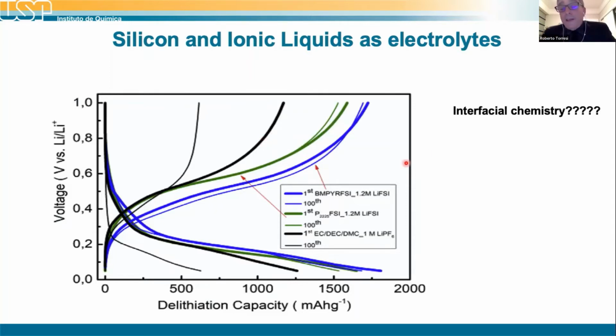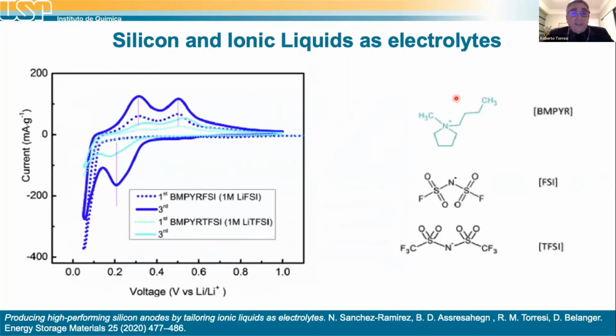So one of the things that we need to see is what has happened with the chemistry at the interface, because you have a big amount of anion and cation at this interface, and you have no neutral molecule solvent, so the chemistry could be really different. This is a voltammogram at 1 millivolt per second in the two different ionic liquids, and you see that with the FSI you have a better curve.